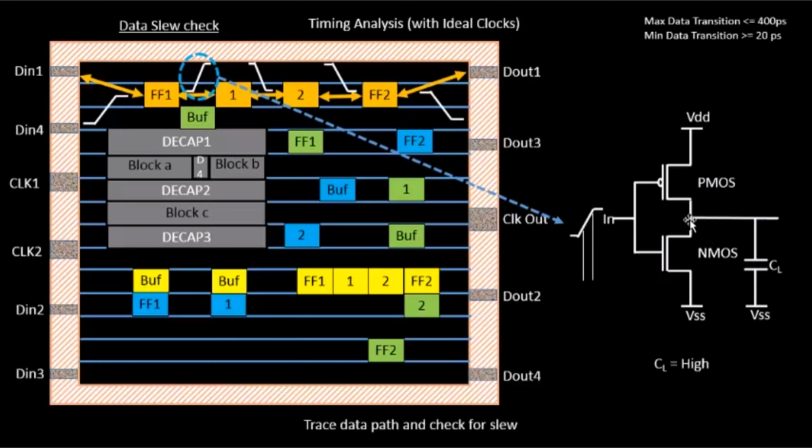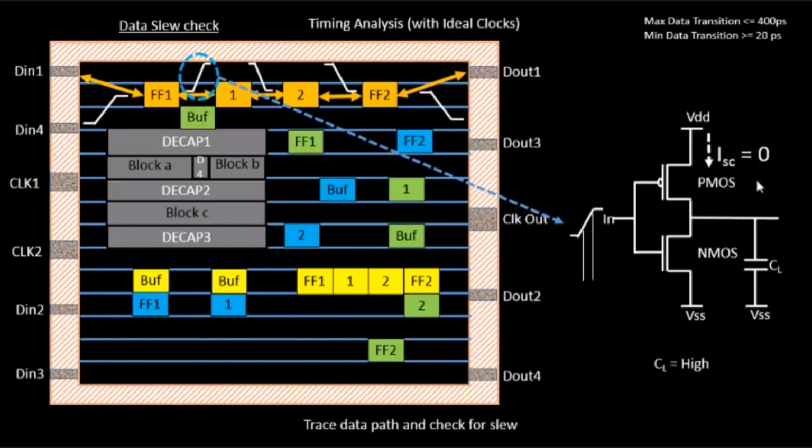According to Kirchhoff's law, the current that flows into this NMOS logic is the addition of this current plus this current. There will be a current flowing from here, and there will be a short circuit current flowing from here during this area. In this case, whenever your CL, the output load capacitance, is very high, the amount of current that flows due to the discharging of this capacitance is very high compared to the short circuit current.